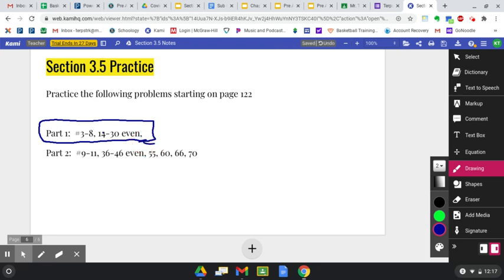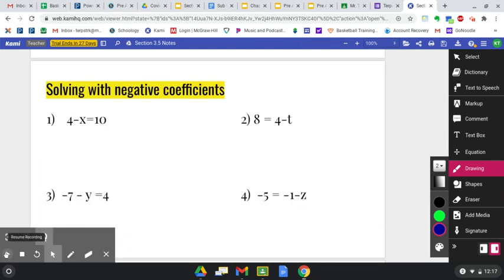Now, when you go to your answer key, all of the answers are together, but you're just going to do part 1, check your work, and make sure that you're understanding these two-step equations before we move into an extension of these. All right, so pause the video here and work on just part 1. Okay, when you're finished, you can come back and watch the second half of the video.